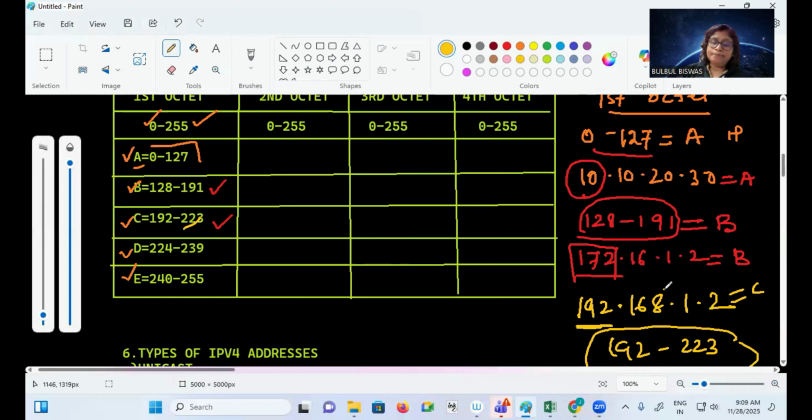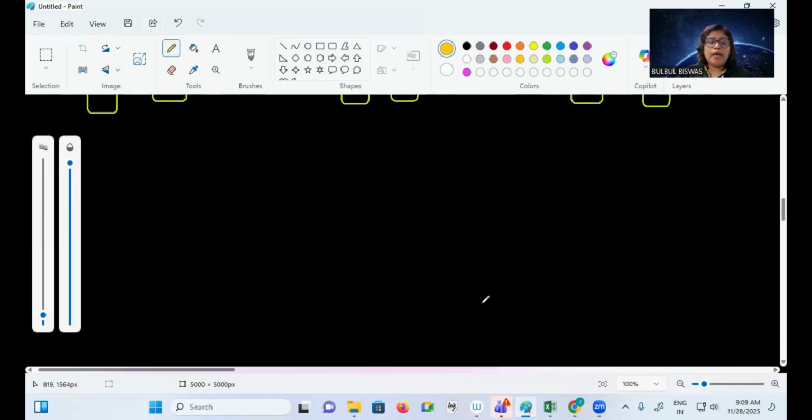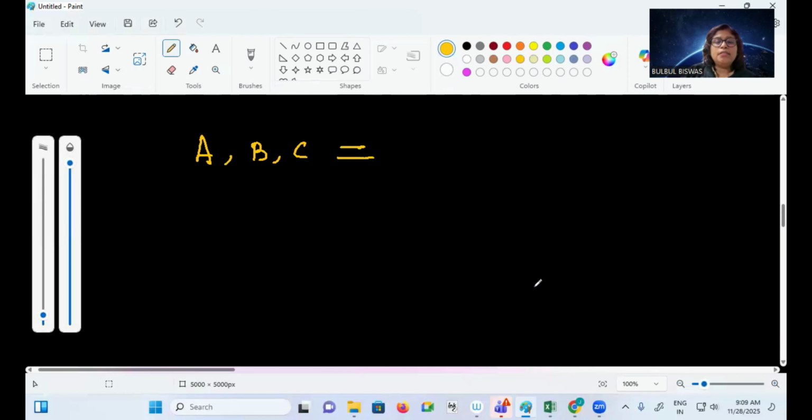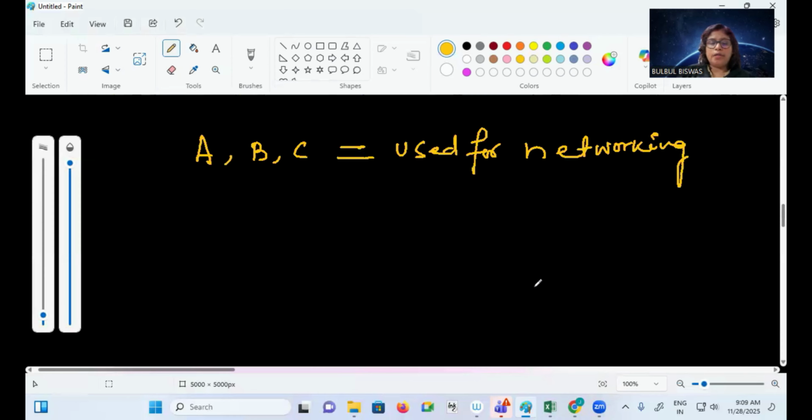Now see, this is a very important thing. Among these 5 classes, classes A, B, and C are universally used for networking purposes.